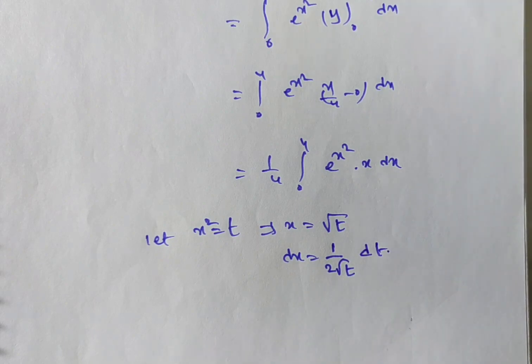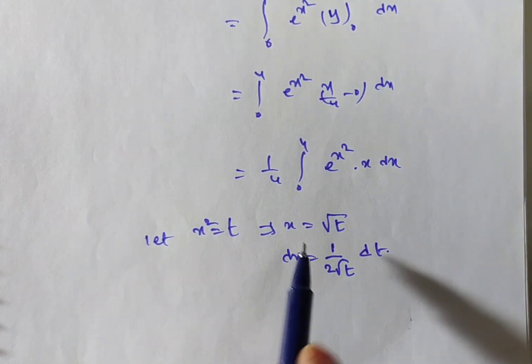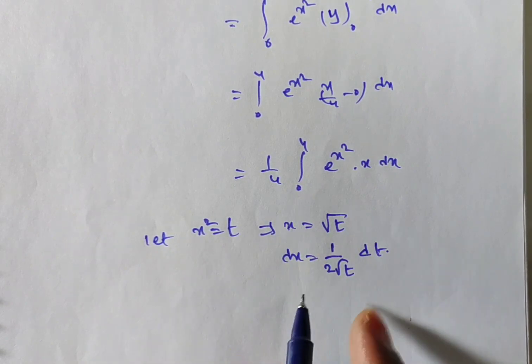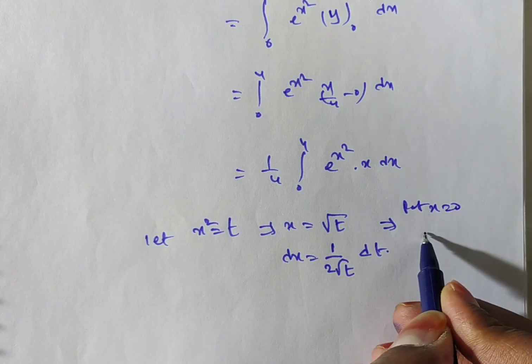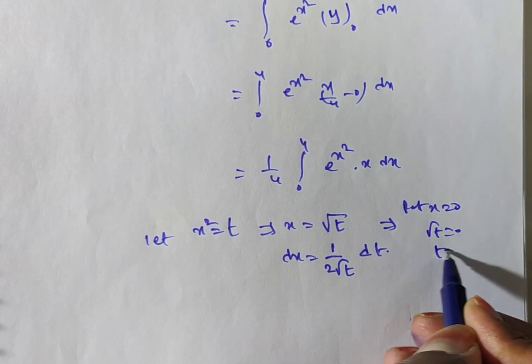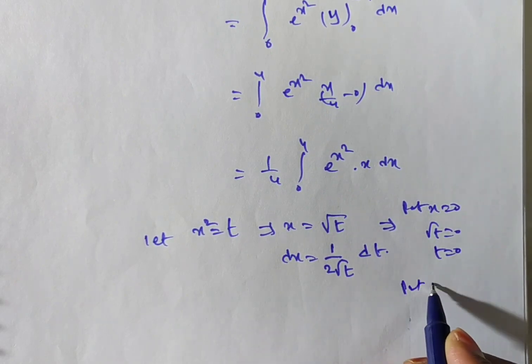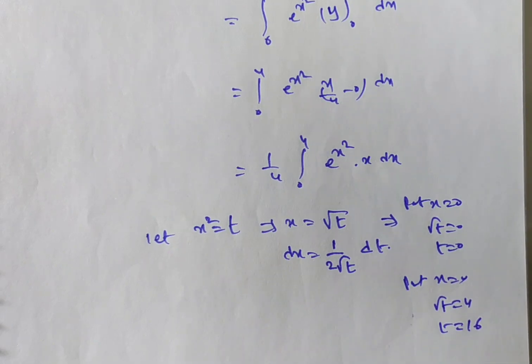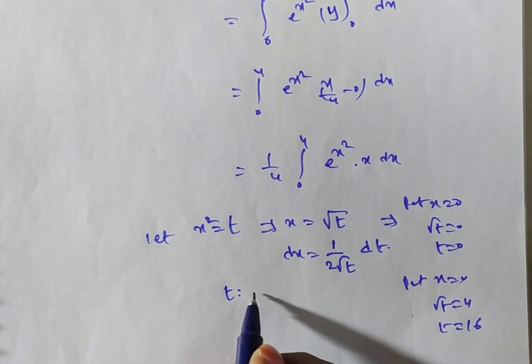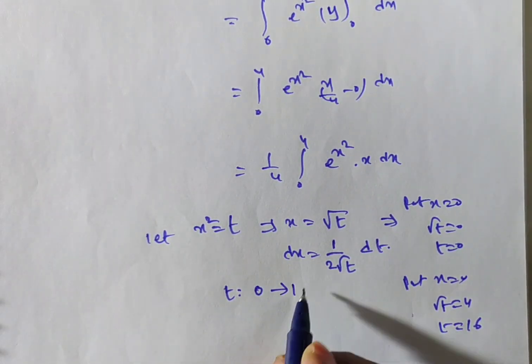Next we have to change the x limits also. If x lower limit is 0, then root t is equal to 0, so t is equal to 0. Next if x is equal to 4, then root t is equal to 4, then t is equal to 16. Now the lower limit is 0 and upper limit is 16.